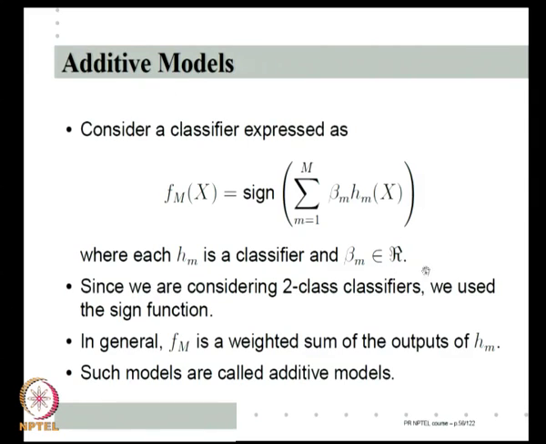So, an additive model is simply the addition of many other simple models. If each h m is some regression function or classifier, then we take the summation m equals 1 to M of beta m h m. Classifier additive models are simply obtained as weighted sums of ordinary base classifiers or ordinary functions.